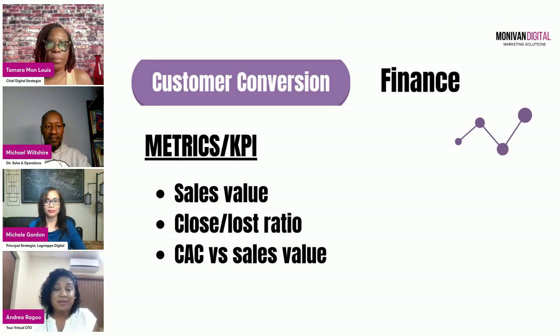You win some, you lose some. Literally, that's what we say in life, right? But of course you want the close part of the ratio to be better than the lost part of the ratio. So we'd want to understand, yes, we've reached this part of the funnel, yes, we've closed the sale, but let's also look at what we didn't close as well.